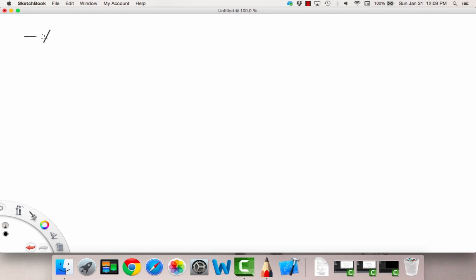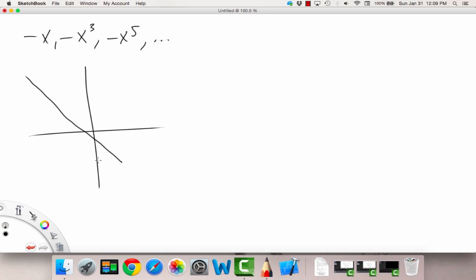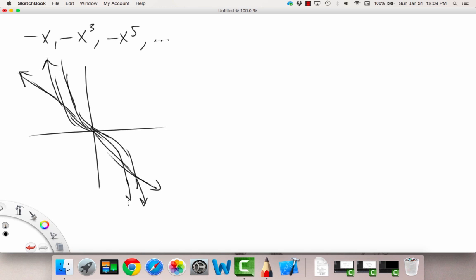Also, just another little note, I'll touch upon this really quickly. If we have the negative of each of these, they're just going to flip, and so the left side's going to go up instead. Let me try to draw a line first. We're just going to pretend that's a line, with a slope of -1. Then we also have negative x cubed, and negative x to the 5th, so they just flip. There's a vertical flipping here.